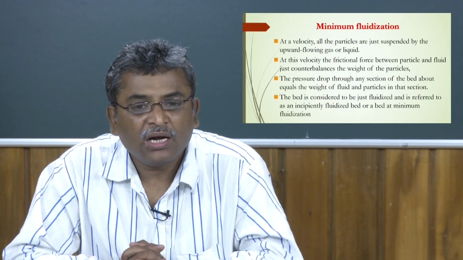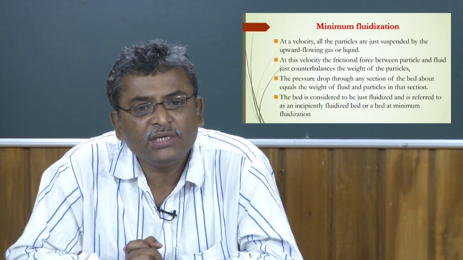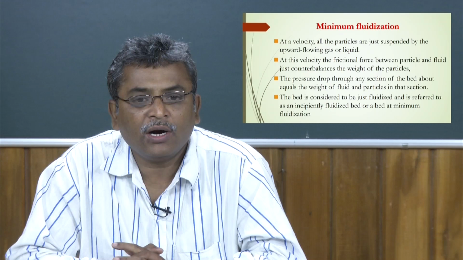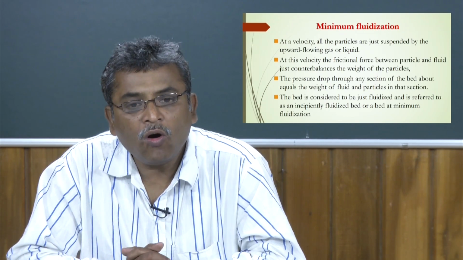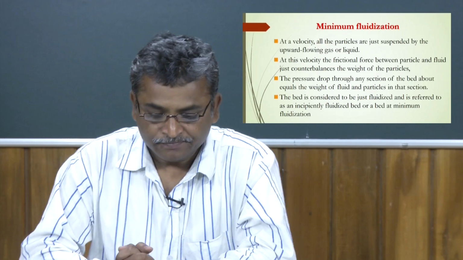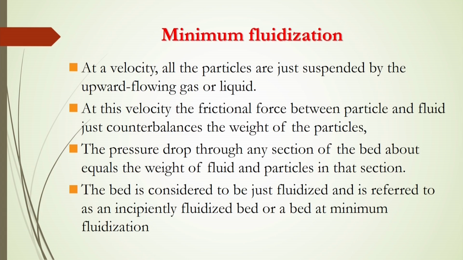That means the velocity at which all the particles are just suspended by upward flowing gas or liquid, balancing the terminal velocity of the particle. At this velocity you will see the frictional force between particle and fluid just counterbalances the weight of the particles, then only you will get the minimum fluidization.